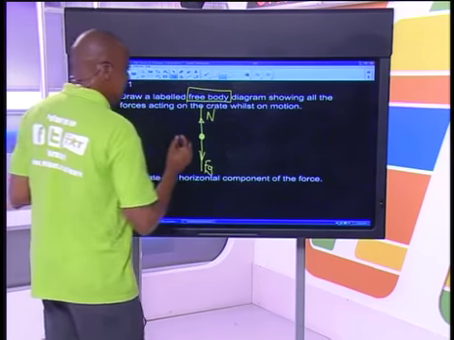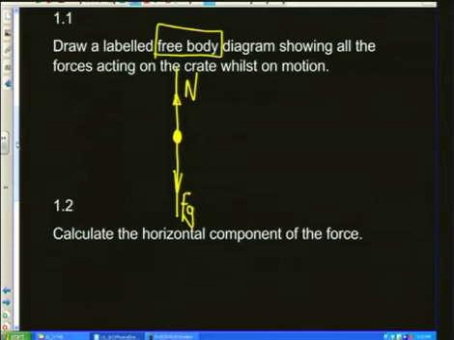And then there is a force that is acting in that direction here. This is our applied force, the 200 Newton force. That will be enough for labeling. And I can show that this is at an angle of 40 degrees. That is the angle there.